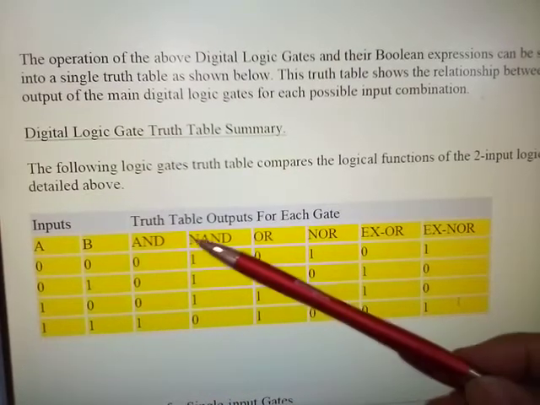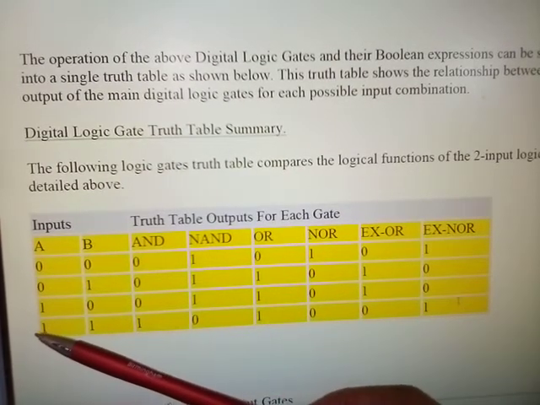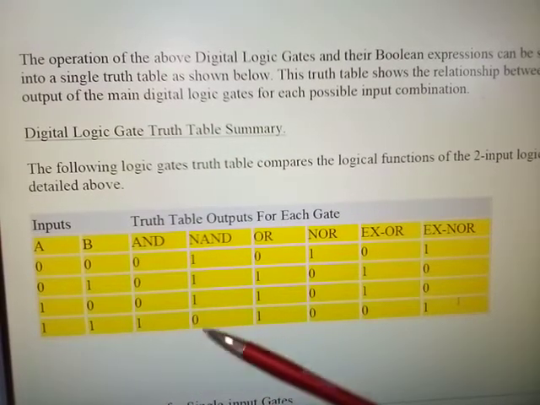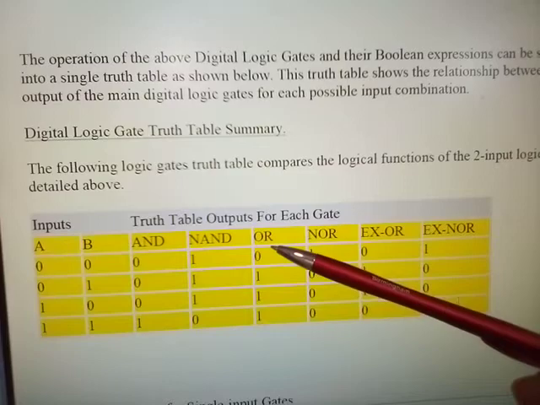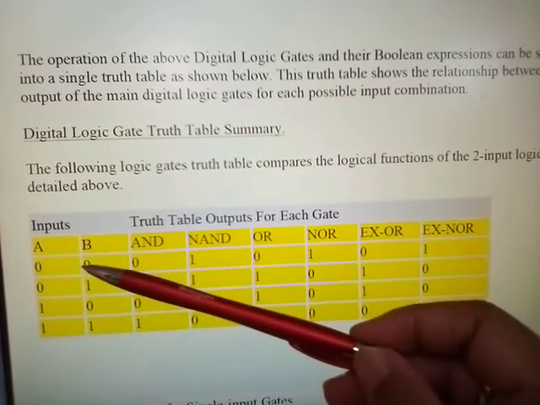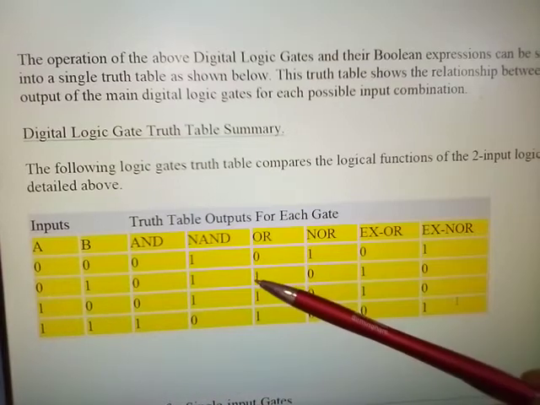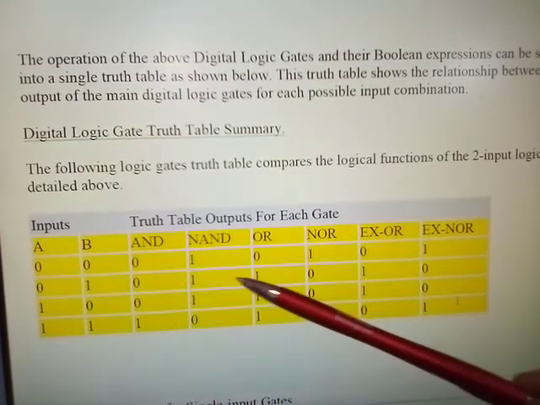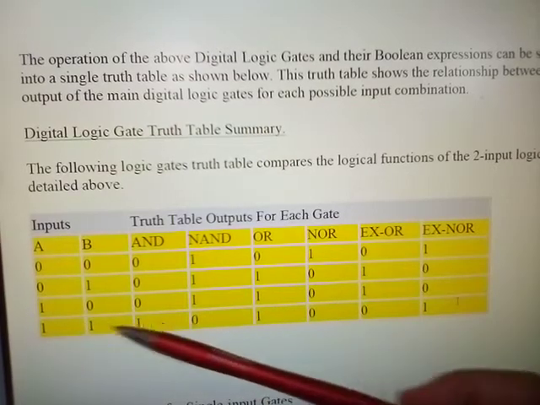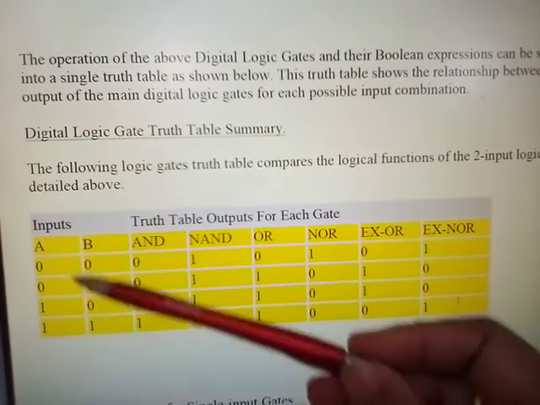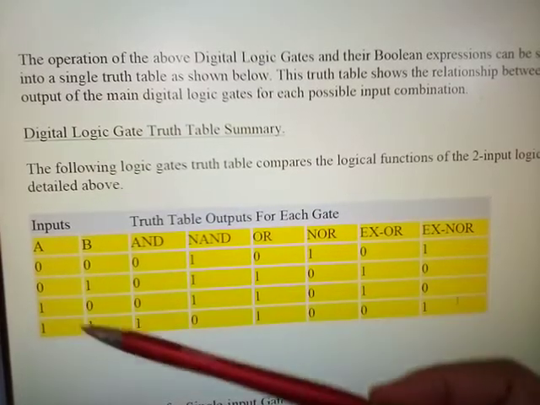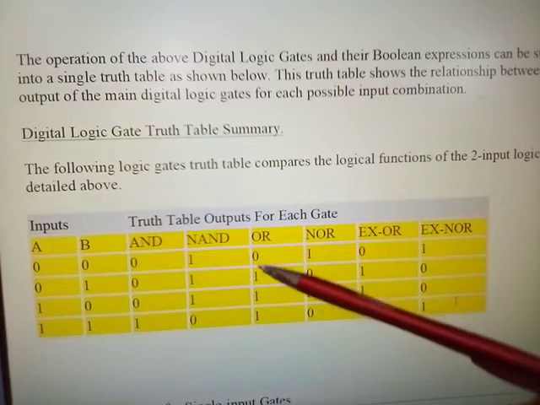But for the NAND gate, if you have both a 1 at A and a 1 at B, you'll get a 0 out. Now again, for the OR gate, you'll get a 0 out for a 0 and a 0 in. You'll get a 1 out for a 0 and a 1 in. You'll get another 1 out for a 1 and a 0 in. I'm just using the term in, taking these A and B as the inputs. Okay, and you can see that.